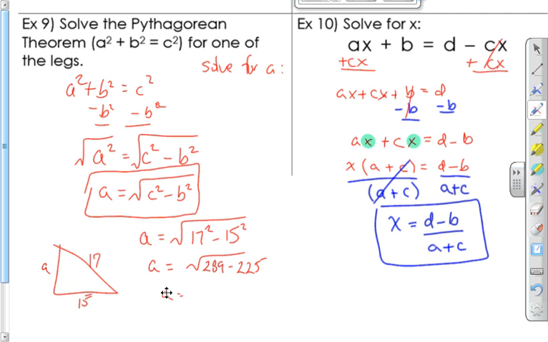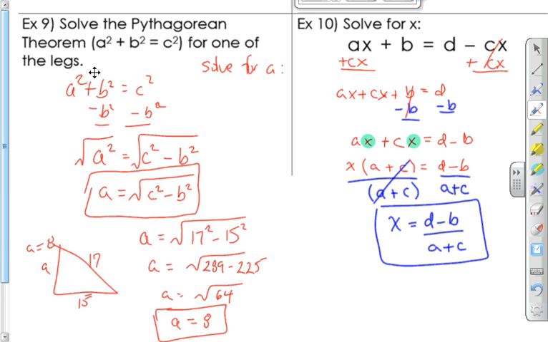So we would be looking at the square root of the difference between 289 and 225, which would be 64. The square root of 64 would be 8. So a would be equal to 8.